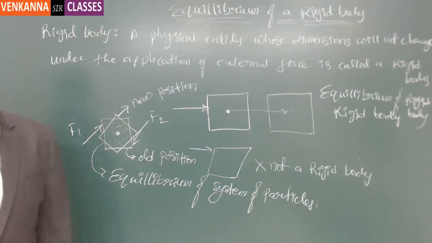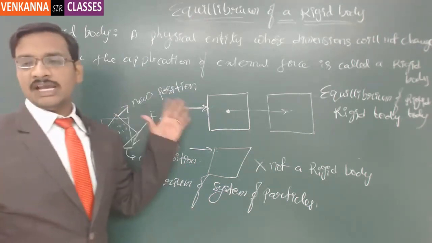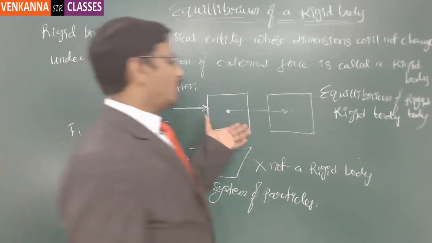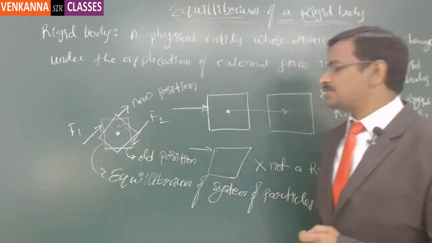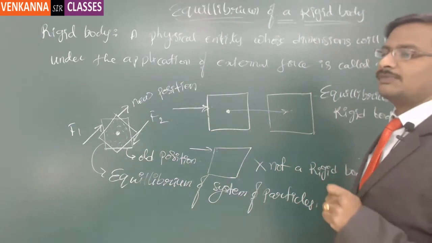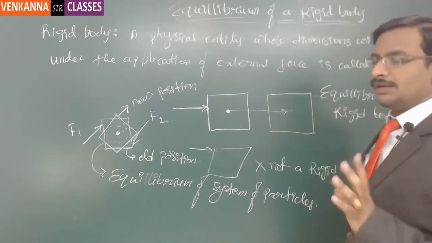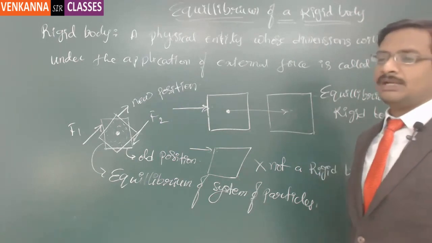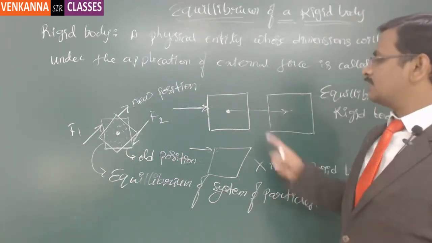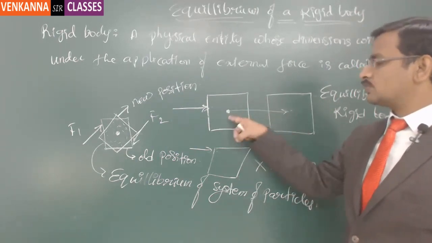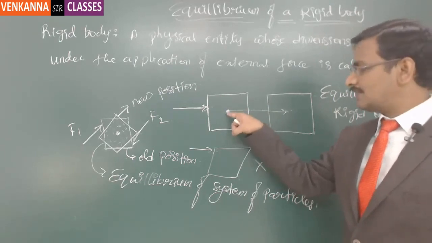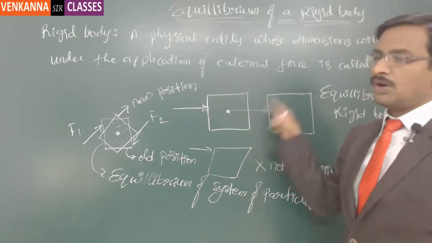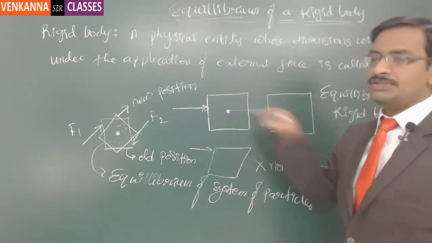So Vishal, I just explained what a rigid body is. A rigid body means a body whose dimensions will not change under the application of any amount of force. Now why do we treat the rigid body as a separate unit? In the case of a rigid body, we treat the entire body mass as if it is located at the center of mass, and the dimensions of this body are treated as a single point of zero size.